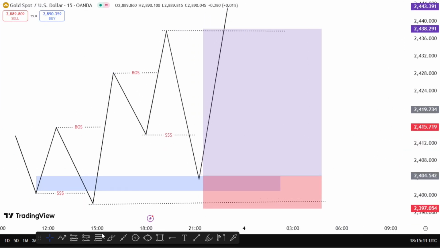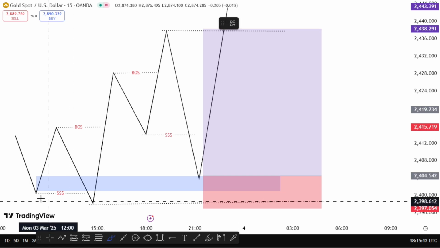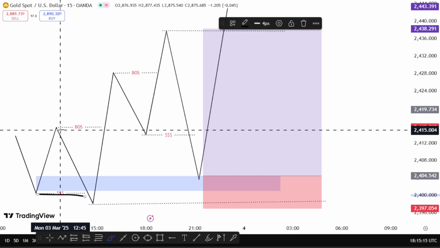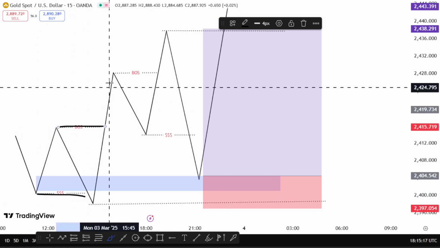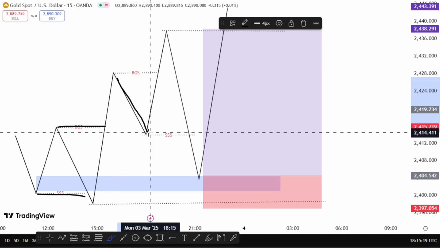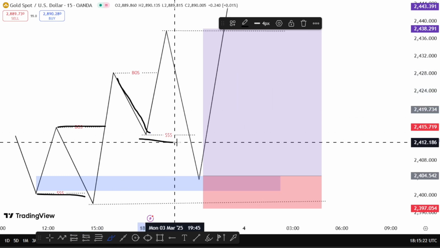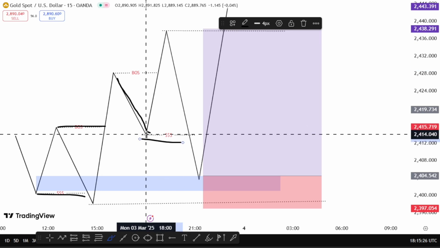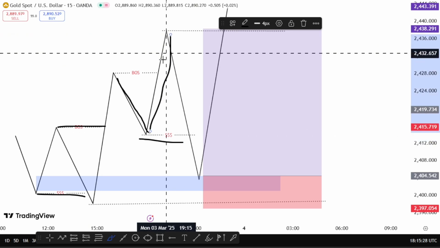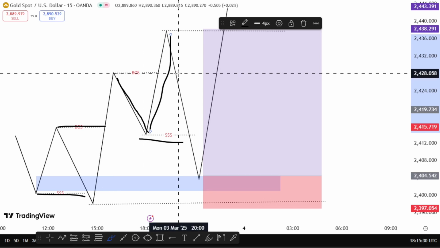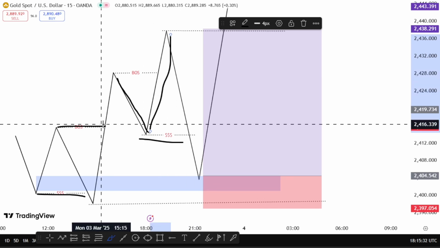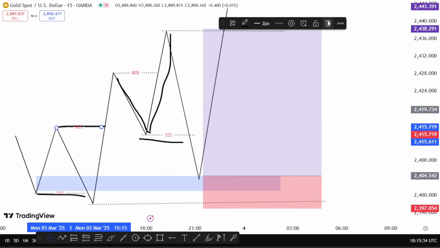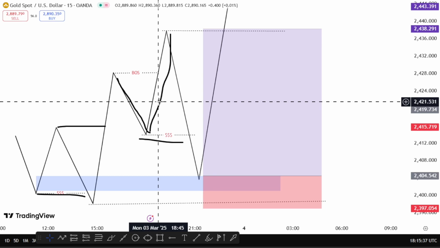So for this particular one, we have a sweep of liquidity, break of structure, all right, a pullback. This pullback is what gives us our transactional liquidity, and then we have another break of structure. This second break of structure is to verify that the market is in an uptrending phase.